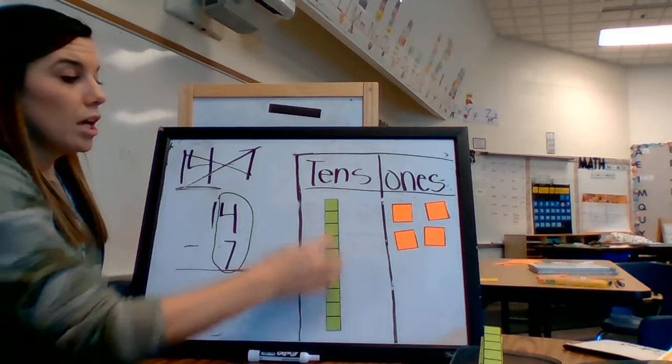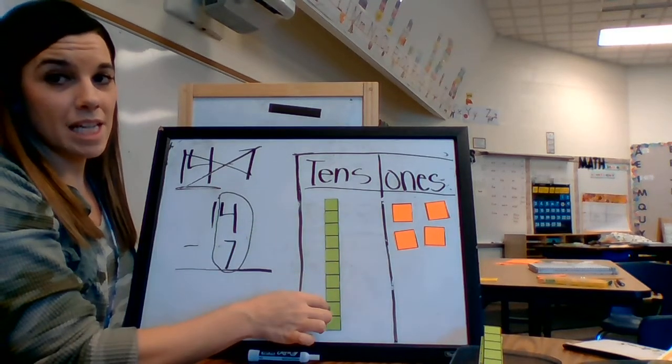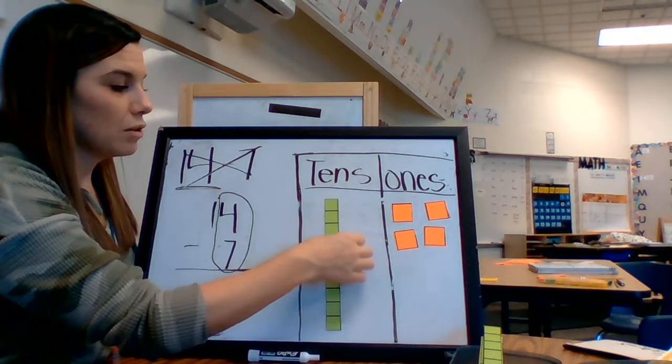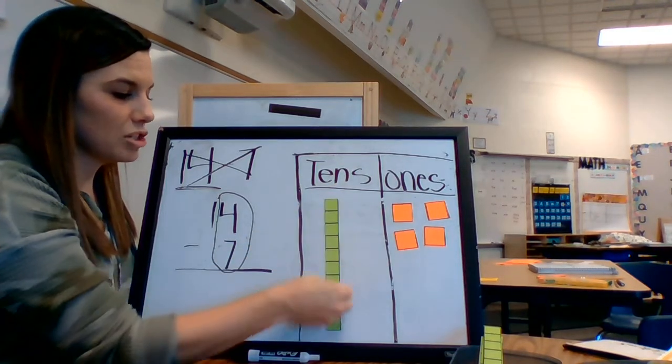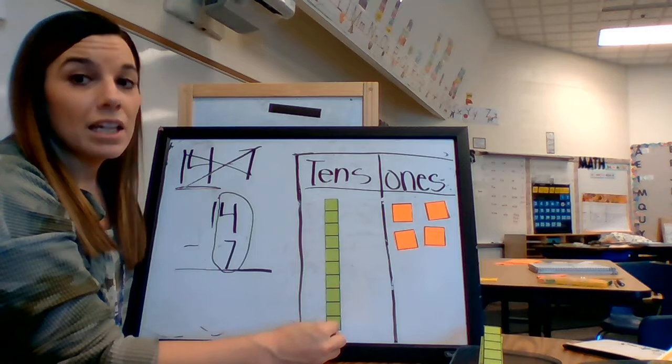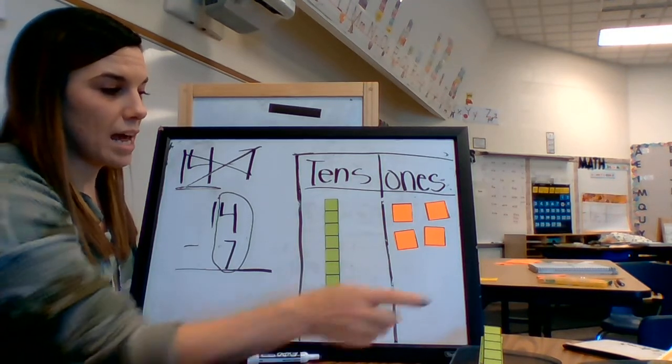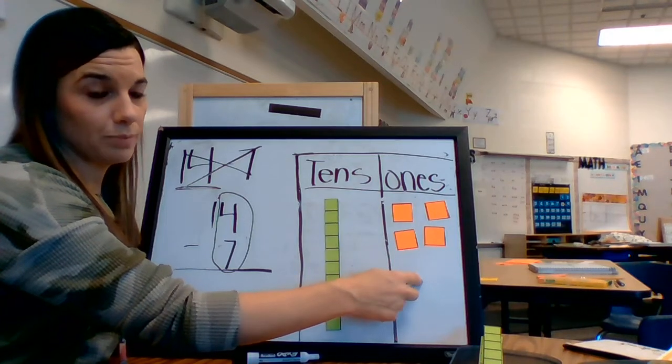Now, this means 10. So I'm going to regroup, and this is what that means. I'm going to take away the 10 stick because I can't just break it apart. I can't just take it away either. So if I take it away, I have to replace it with 10 ones that go here.